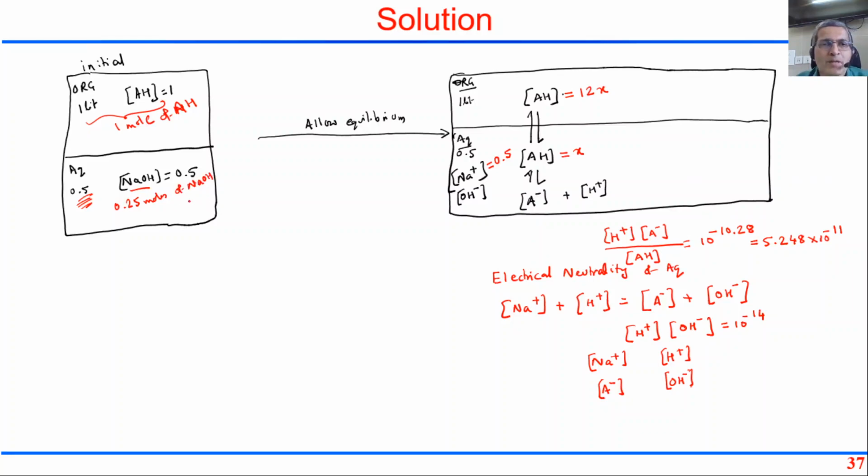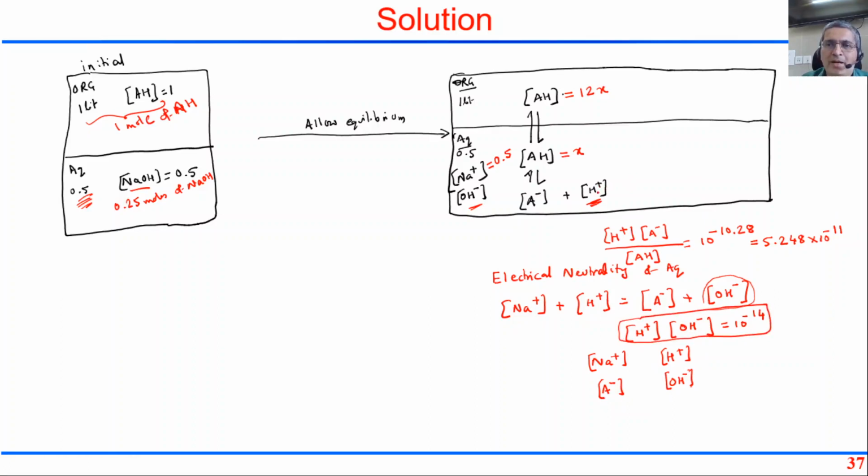That means the amount of the base is going to be very small. That is going to react with the AH. If it is going to react with AH, the amount of OH minus ions that are left, because these H plus ions and these OH minus ions are going to react with each other till this condition is established, isn't it? Till the ionic product of water is satisfied.